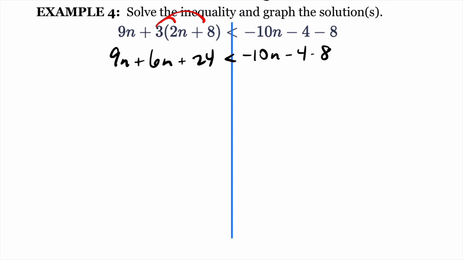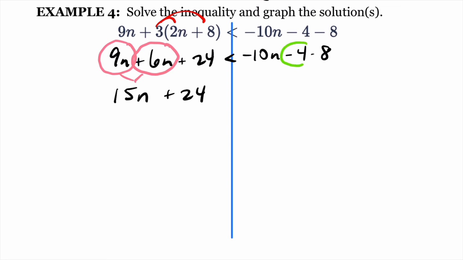Over here, I have a 9n and a positive 6n, which I can add together to make 15n. On the other side, I have a -4 and a -8. I combine those together. They're both negative. So I can add those together and I get -12.